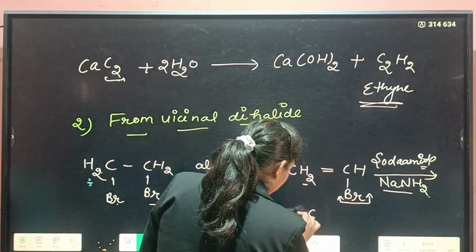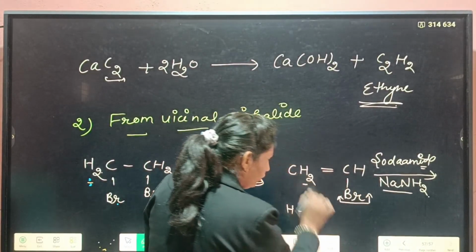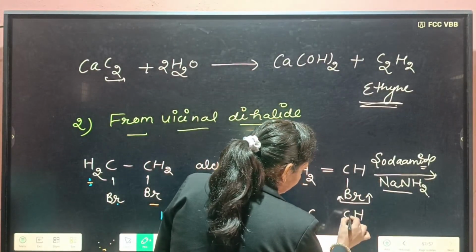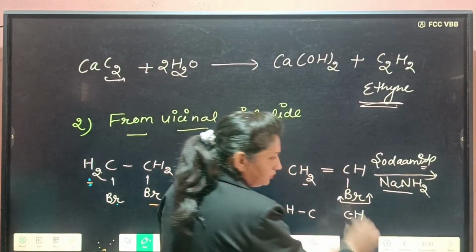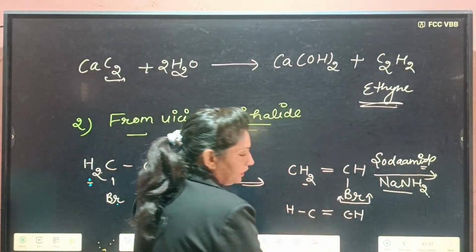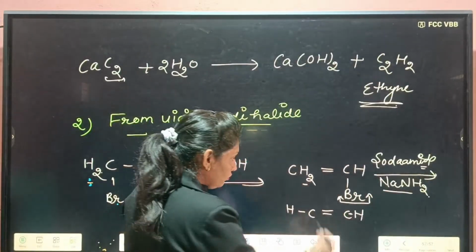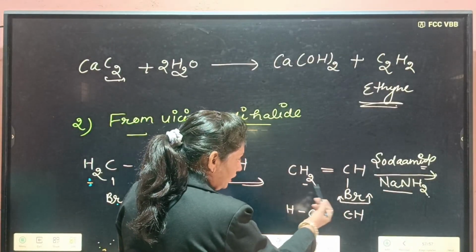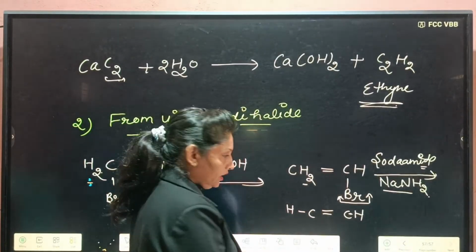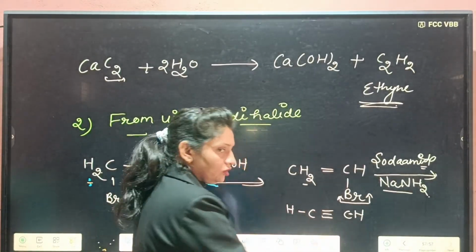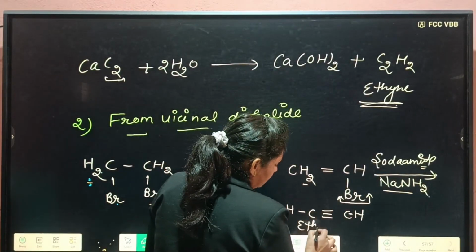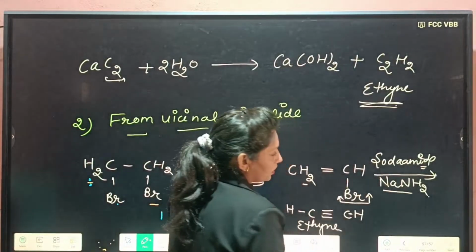Now only one hydrogen and one halogen remain. There are only two bonds, so one element you are eliminating from here and one element from here. So one more bond will form, and this is the alkyne, ethyne, okay.